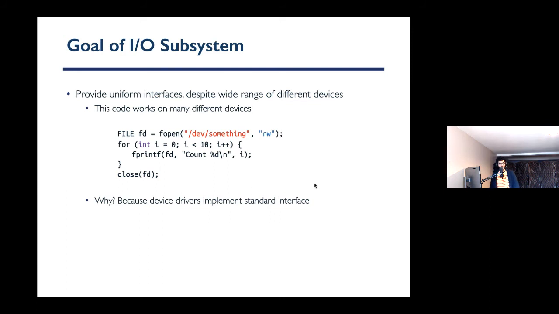What is the goal of the I/O subsystem? Basically, you want it to be general enough to interact with all devices, so that you don't need to write new subsystems every time you have a new device. So you want all your devices, with different ranges and different characteristics, to be treated the same way by the operating system. And that's pretty much what you see in Unix-like systems.